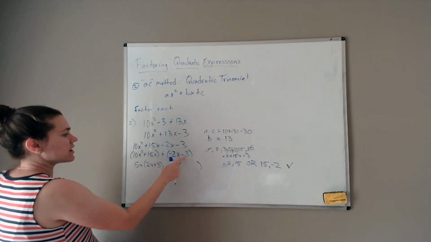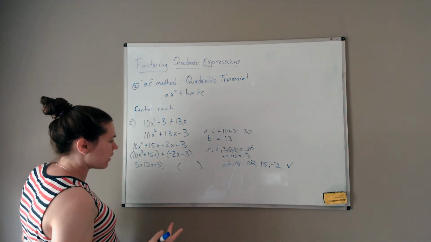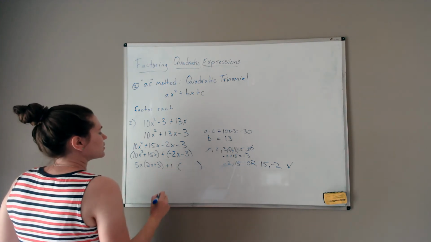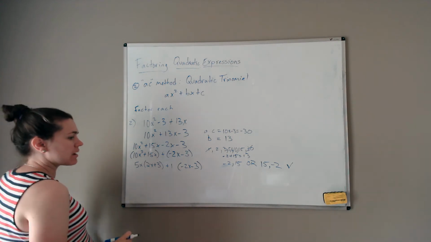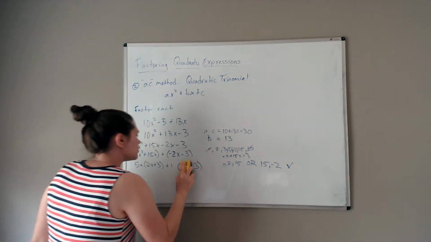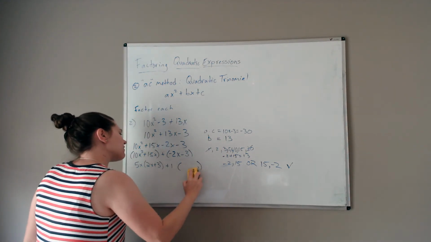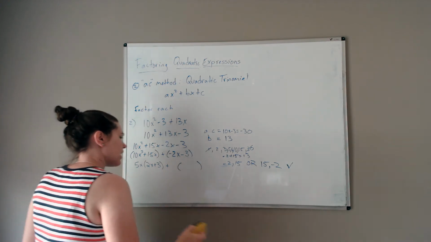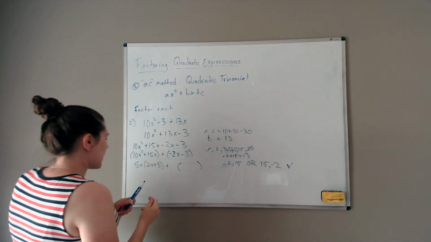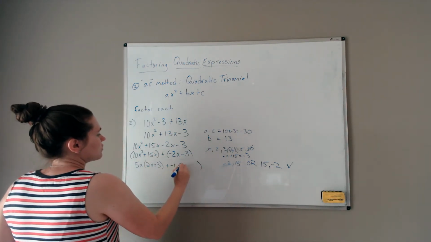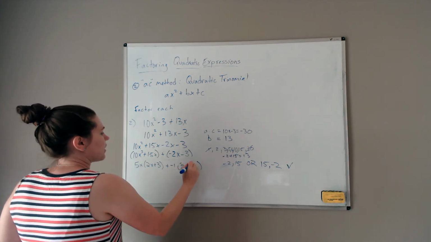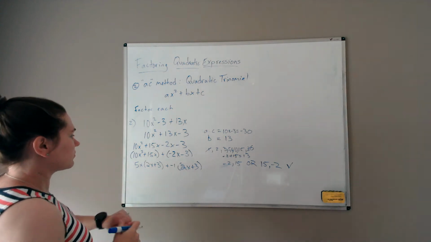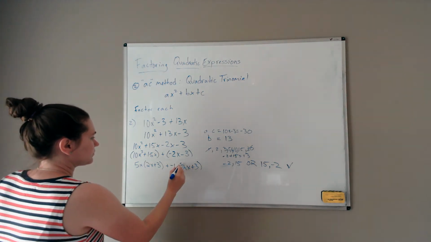Now, if I only took out positive 1, it looks as though these are not the same factor. However, you can take out a negative 1, and you'd be left with 2x plus 3, which is what we wanted.